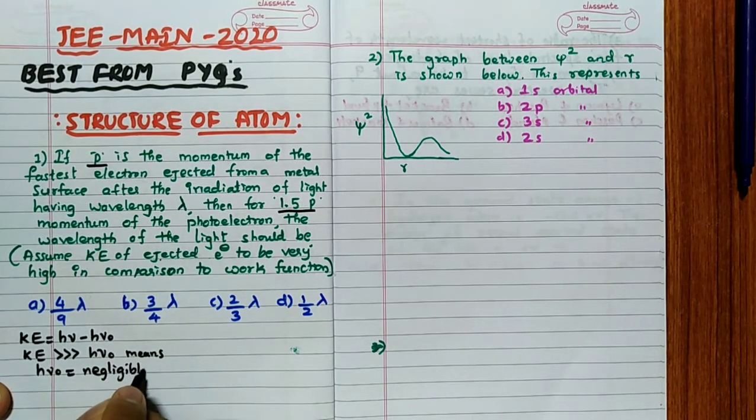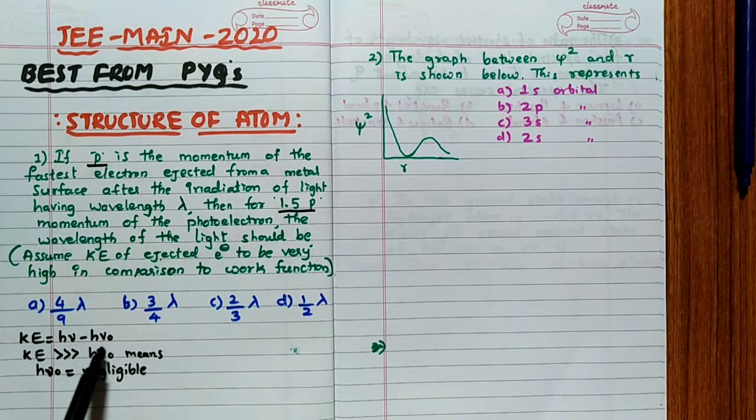What is the meaning? H nu naught is negligible, which means this part whatever you are seeing h nu minus h nu naught we can eliminate from this because it is negligible. Hence what you can write is kinetic energy is equal to h nu is equal to hc divided by lambda. So this we can consider.